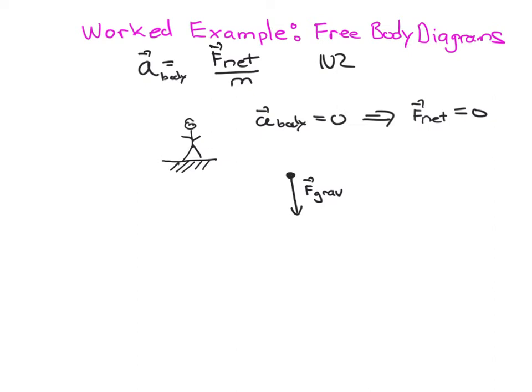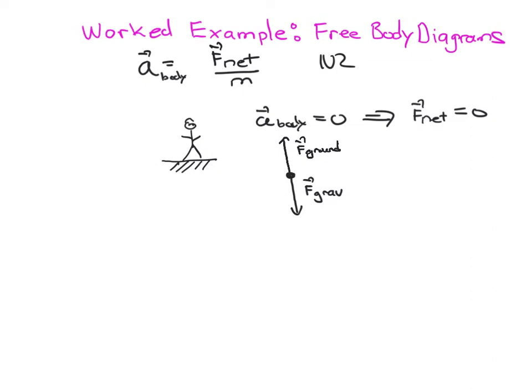And then what other forces are there in the problem? Well, there's only one additional force of consequence, and that's the so-called contact force that is exerted by the ground on your body. And that is, of course, an upward going force. So I'll draw an upward going arrow, and we can call this the force of the ground.